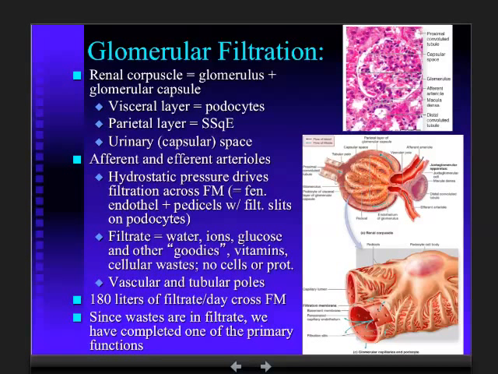So with your loop of Henle, you have the ability to dilute the filtrate and excrete it in that form to get rid of excess water. In the state of overhydration, you excrete a dilute urine, large volume.